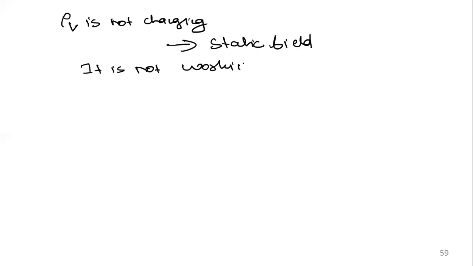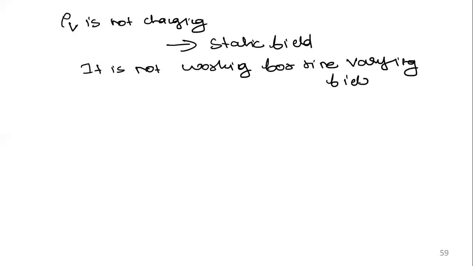That means it is for a static field. So this continuity equation which we have written now is valid only for a static field. It is not working for time varying field.